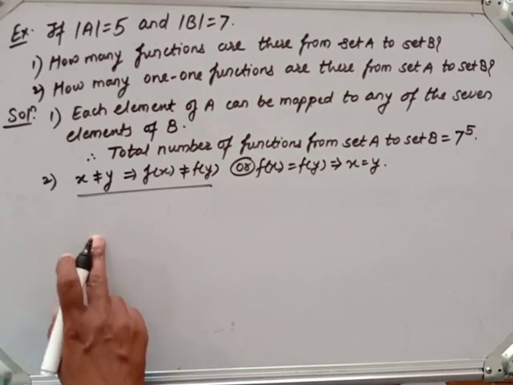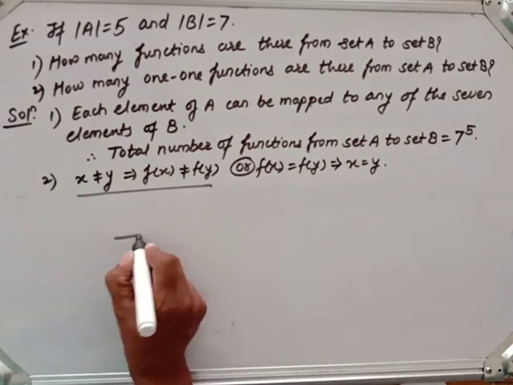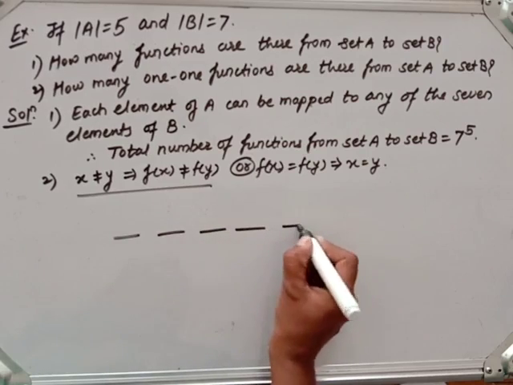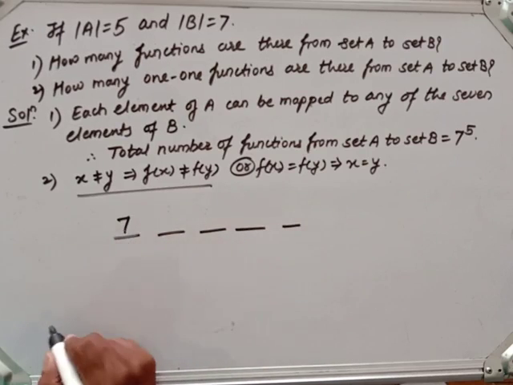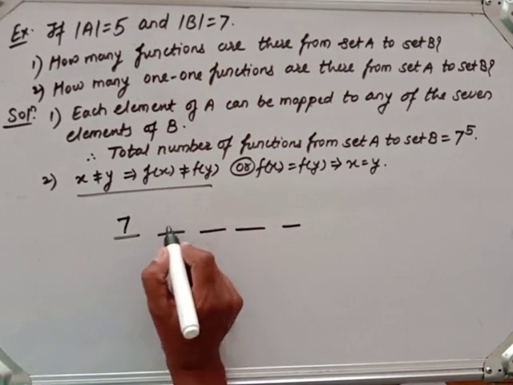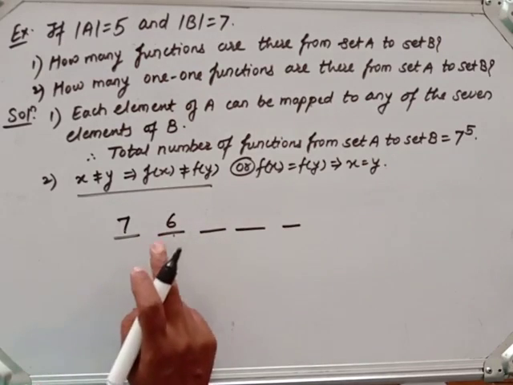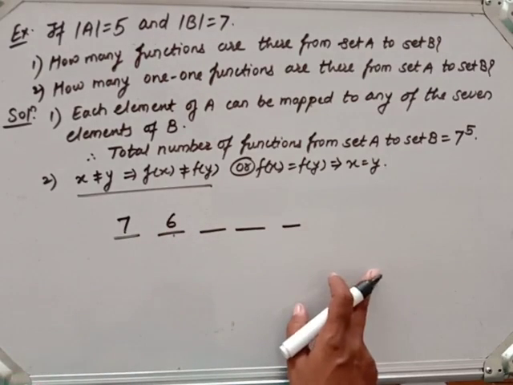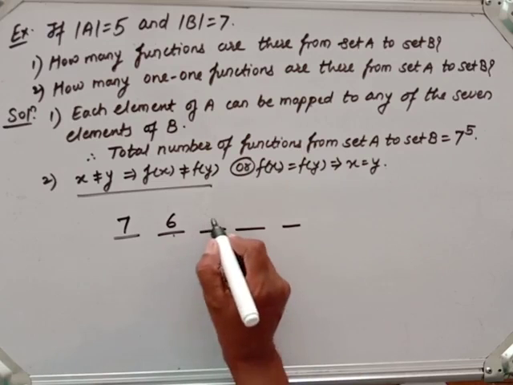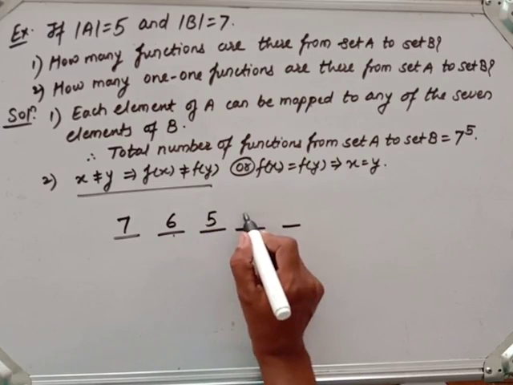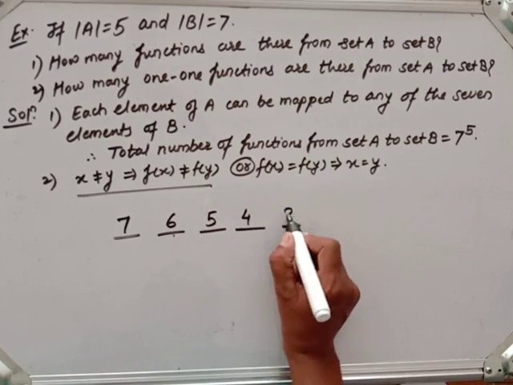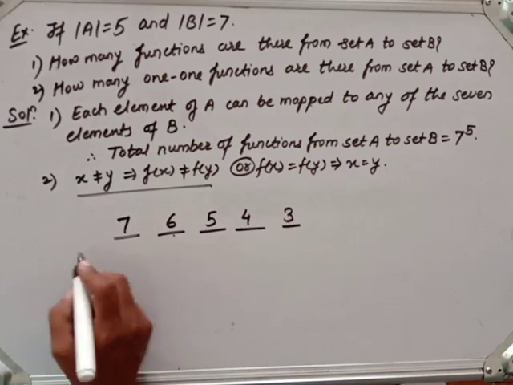So, for the second element, we should have 6 choices. Look at here. Now, the first element should have 7 choices. The second element should have 6 choices, as it should be different. It's fine. The next element should have 5 choices. Then the next one has 4 choices, and the next one has 3 choices.